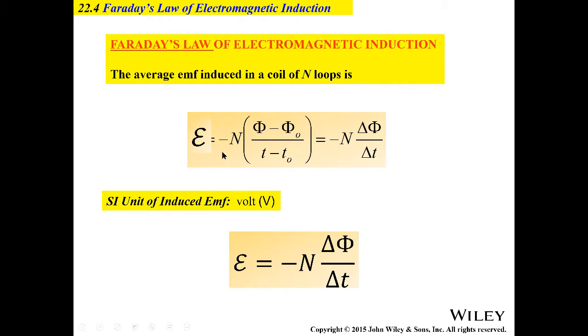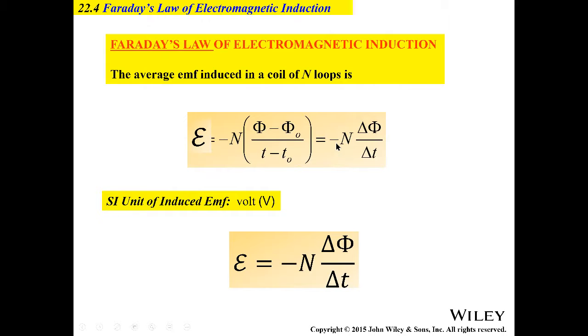Faraday's law says it is proportional to the number of loops, and it is the rate of change of the magnetic flux through the loop, but there is a minus sign. The most critical aspect of Faraday's law is that there is a minus sign.